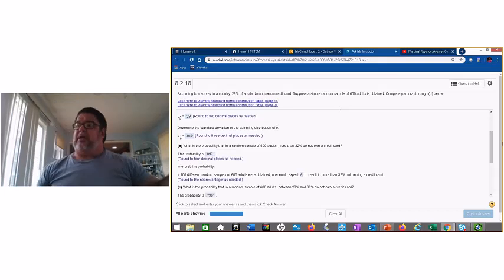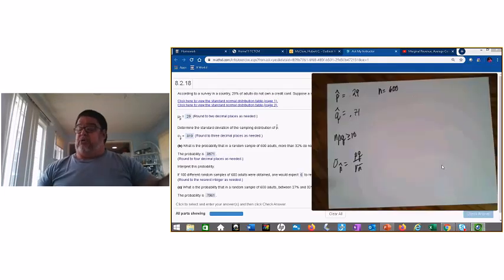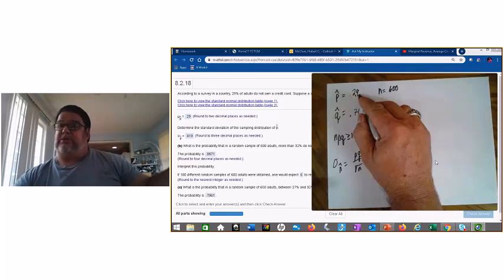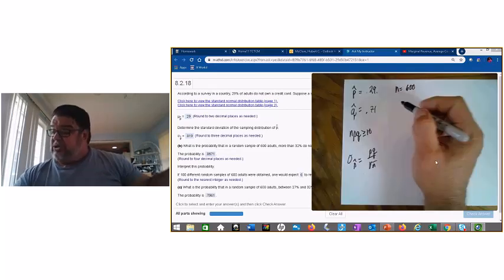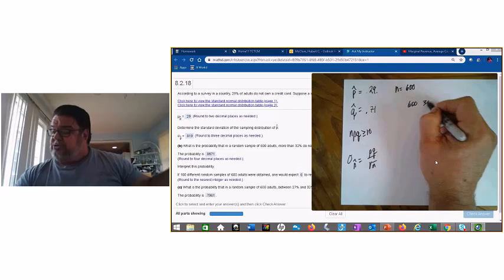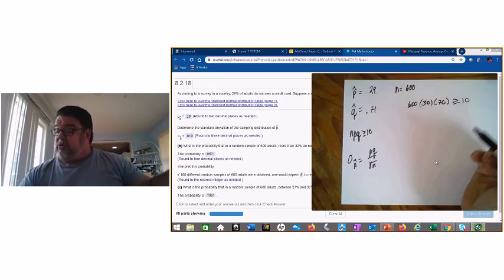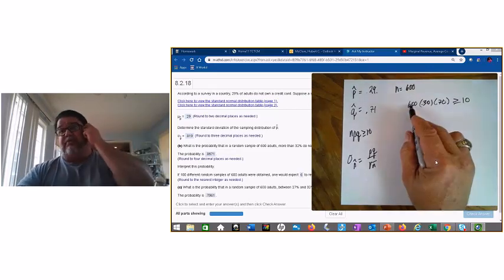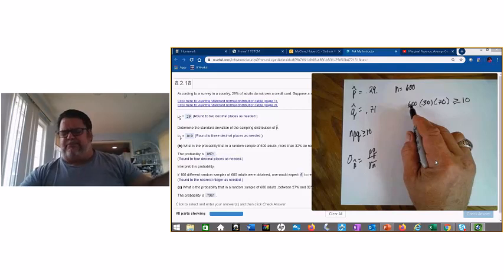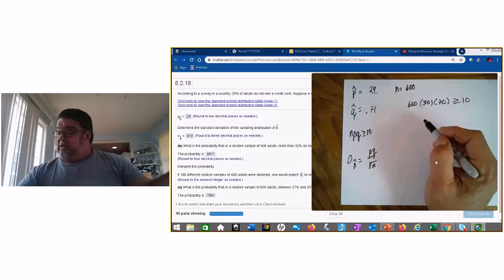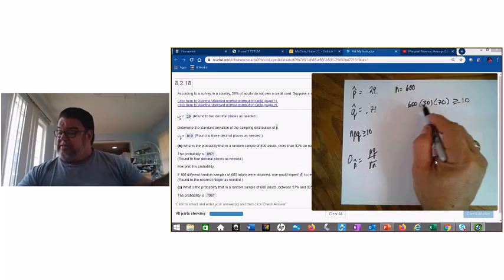So I need somebody. Now I'm going to do it in my head. Let's see, what is this close to? 30%. So 600 times 30% times 70% is greater than or equal to 10. Well, 10% of 600 is 60, so that would be 18, right?